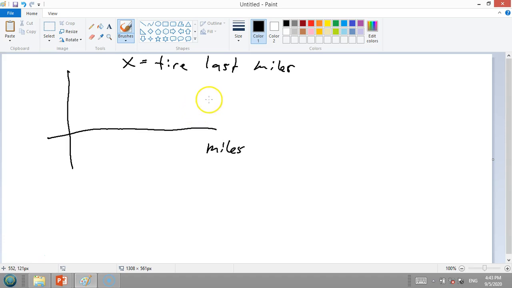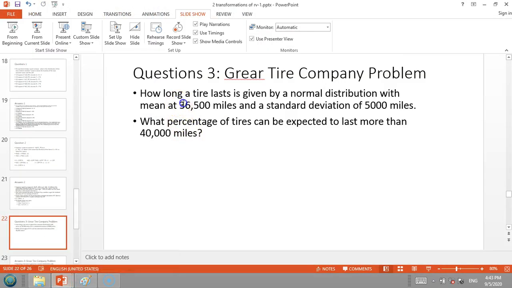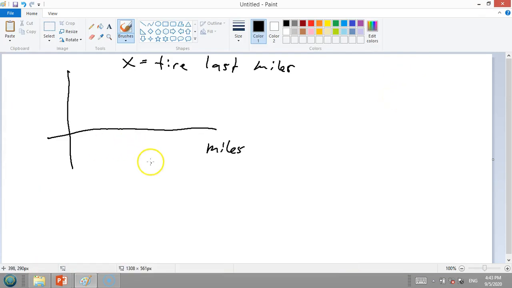Some will last more than 36,000 miles, some will last less than 36, but on average, most should last around 36,500 miles. This is about the peak, the highest probability here. These are in thousands.